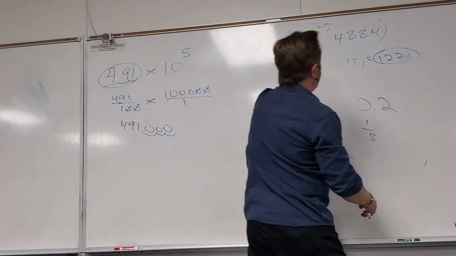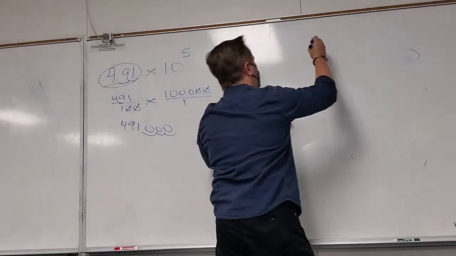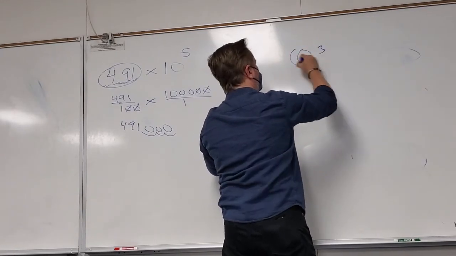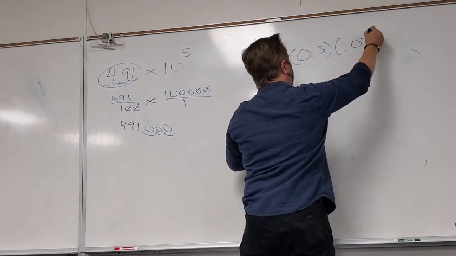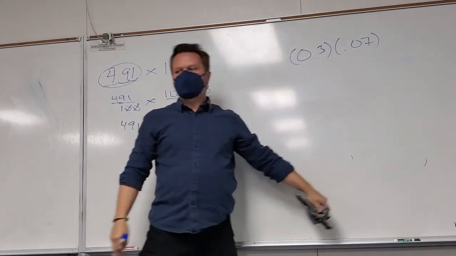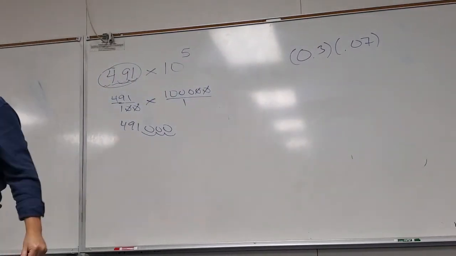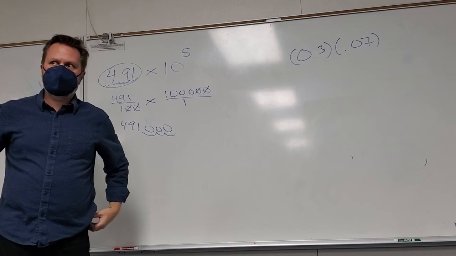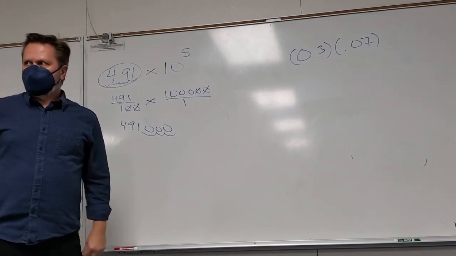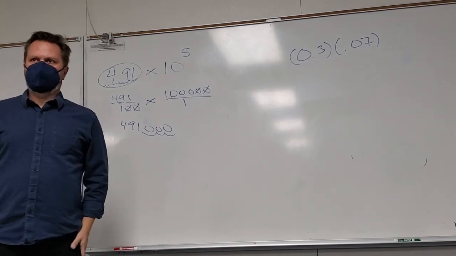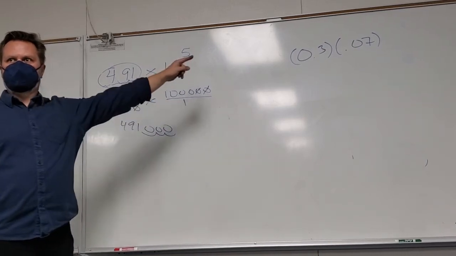So if I had to do 0.3 times 0.07, and I don't know how decimal multiplication works yet, why can we still do this problem? We can do it, thinking about what we did here.